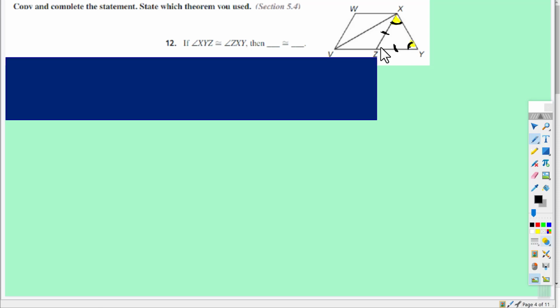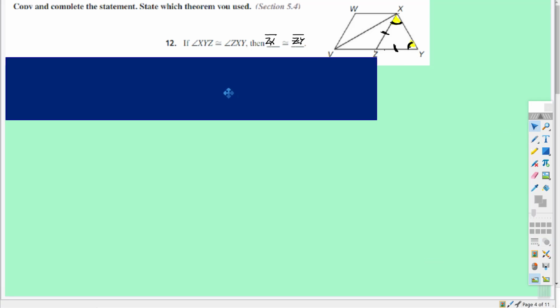So that would be sides ZX and ZY are congruent. All right, that's it for this one.